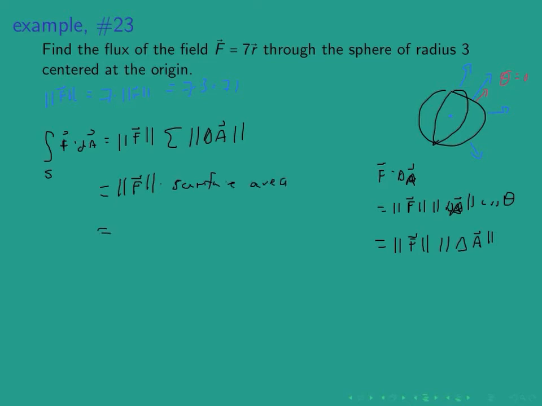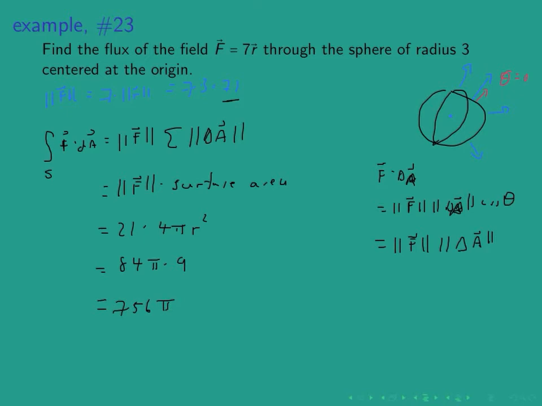In this case, that's 21, the magnitude of the vector field, and the surface area of a sphere is 4 pi r squared. And here r is 3. So we get 21 times 4 is 84 pi, and if r is 3, r squared is 9. And the flux is then 756 pi.